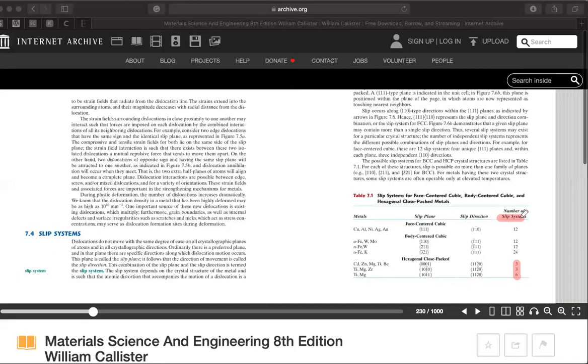That means there are fewer possible paths or ways for the dislocation to slip inside the material. So if this is a dislocation moving inside the material, and this dislocation faces a certain obstacle, then what's going to happen?